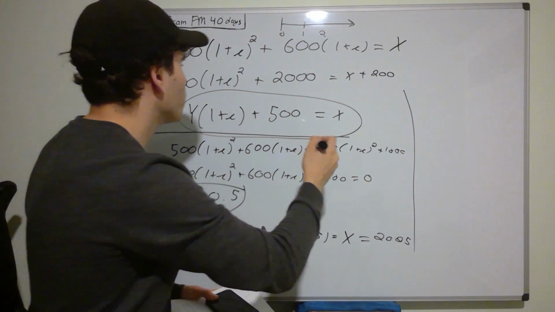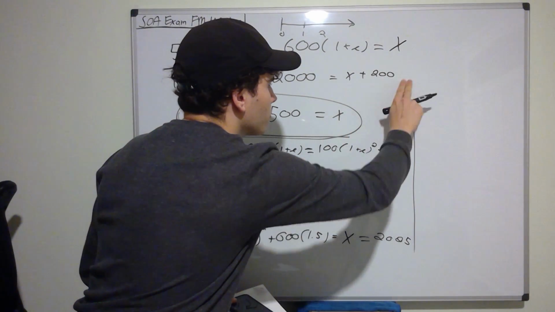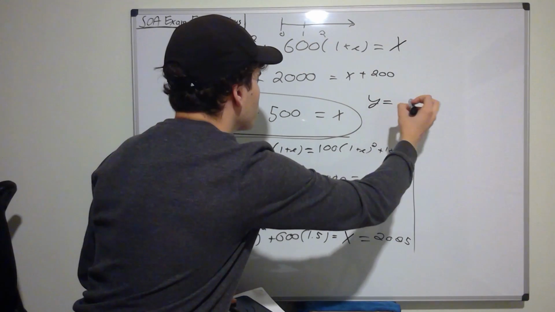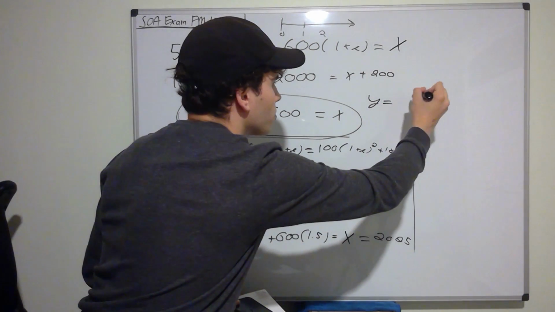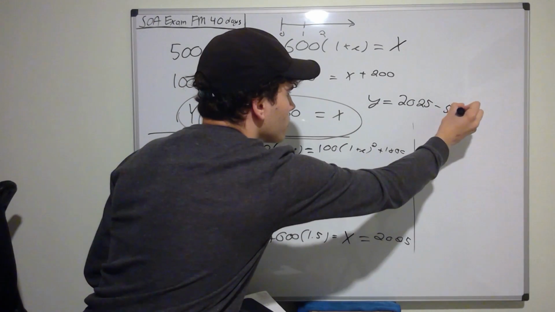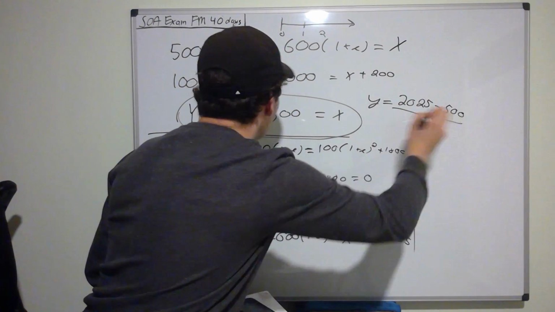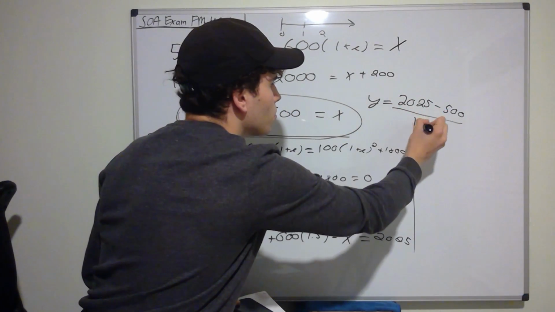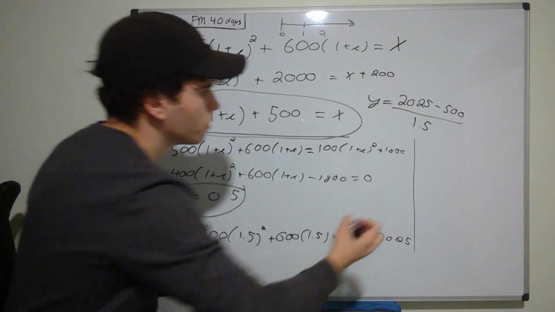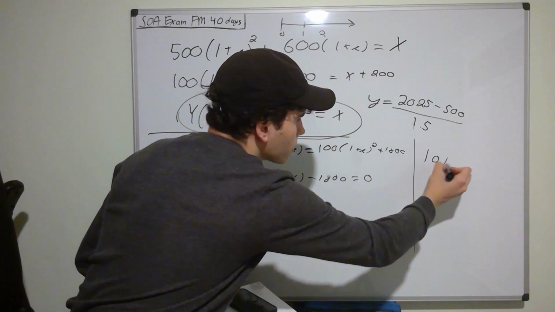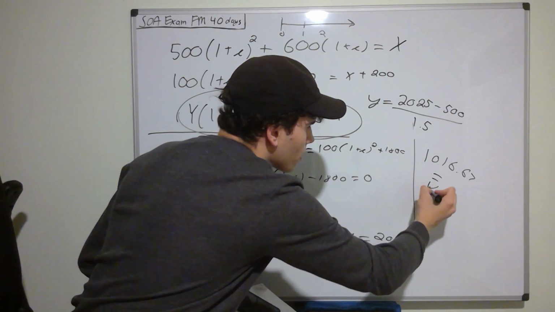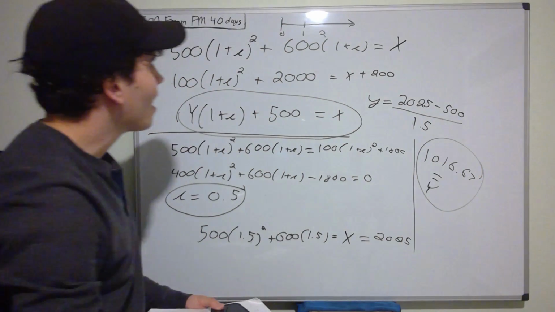So y equals 2025 minus 500, all over 1 plus i, which is 1.5. And then y should work out to be 1016.67. That equals y. Awesome. I'll see you in the next video.